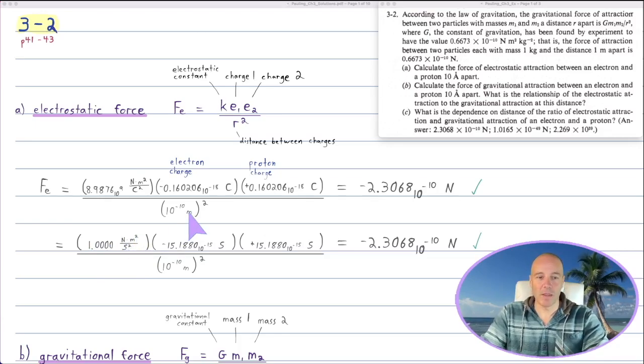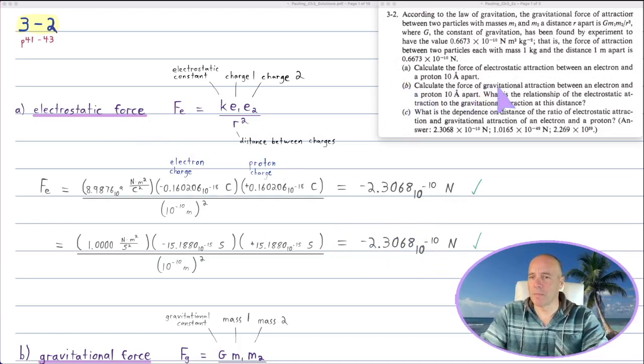You'll need to know what the electron and the proton charges are in stonies, and you can also find that in the appendix. And so plugging in everything, you see the units canceling again. The stonies cancel the stony squared, and the meter squared cancels the meter squared. You're left with newtons, and doing the calculation, you get the same answer. So that's the electrostatic force.